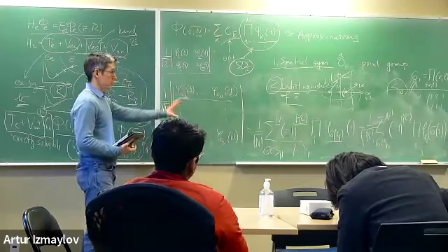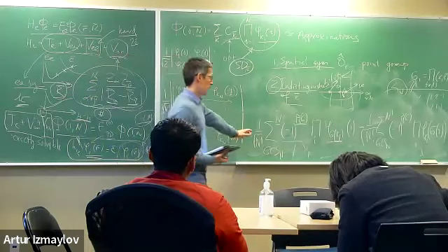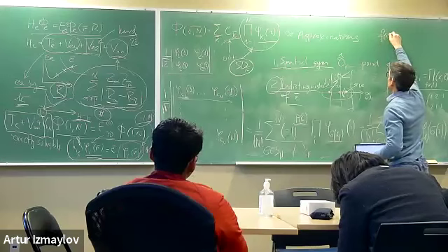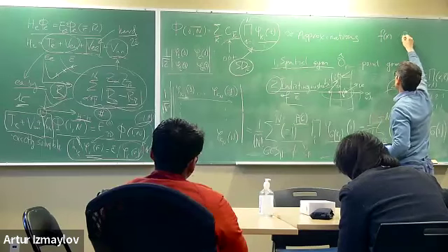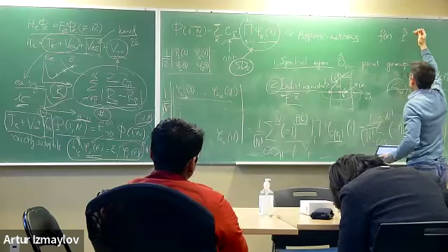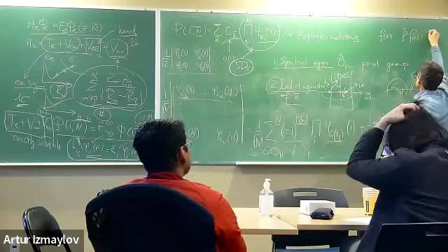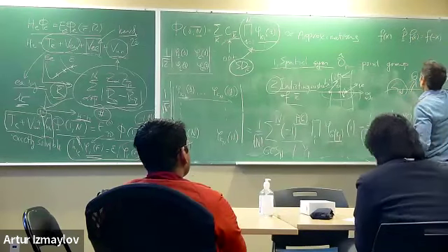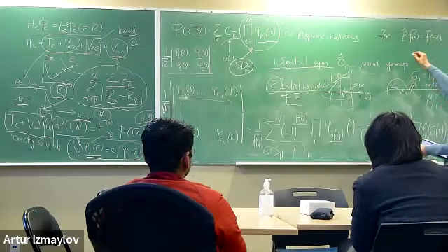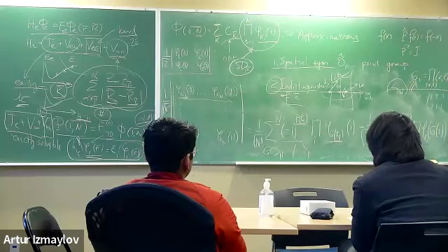Now, it turns out that this is nothing but just the older brother of what we already saw. If you have a function f and you have a group with a parity operation, what it does is take f of x and goes to f of minus x. We talked about this symmetry. P squared is identity, so they form a group, P and identity.